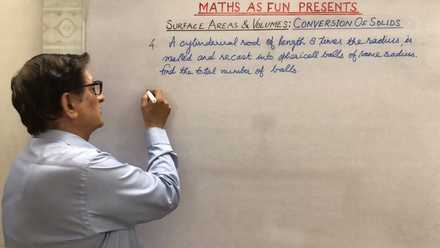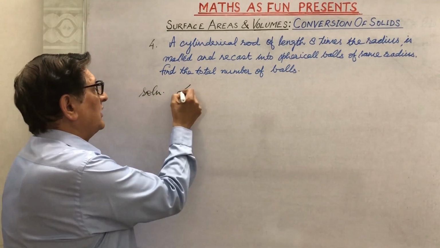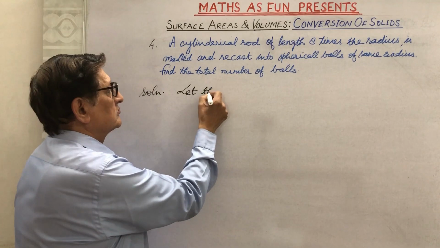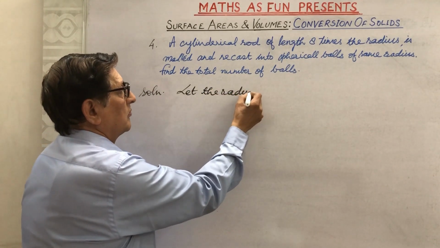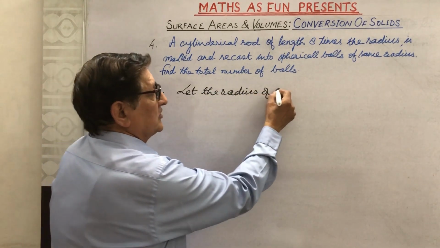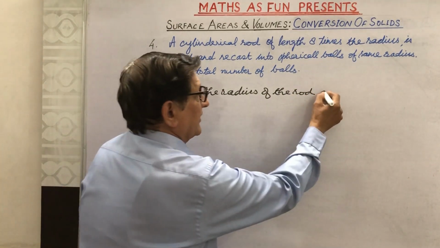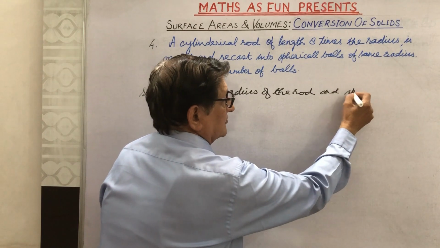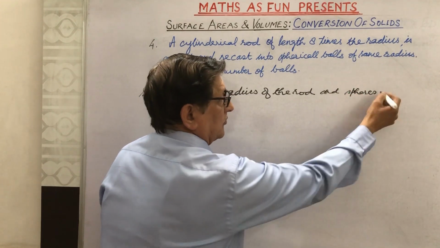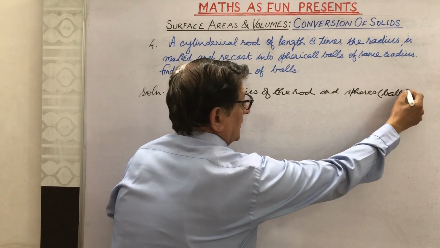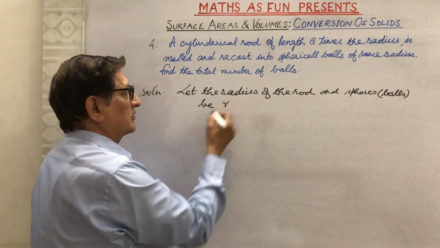So we consider here for the solution, let the radius of the rod, that is cross section of the rod, and spheres or balls be r.